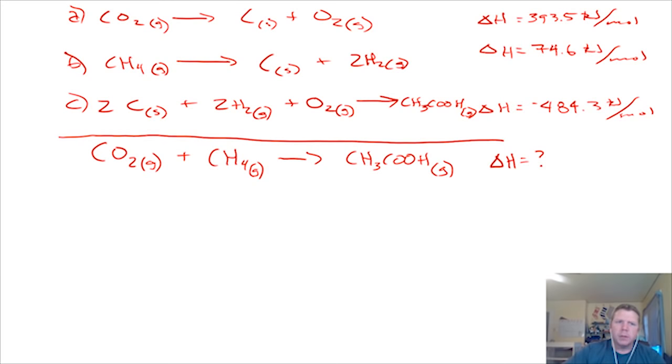My aim is to get these 3 reactions to be arranged so that I can combine them to give me that overall reaction. Okay, so what does that mean? That means that within these top 3 reactions, I need to have as reactants CO2 and CH4.